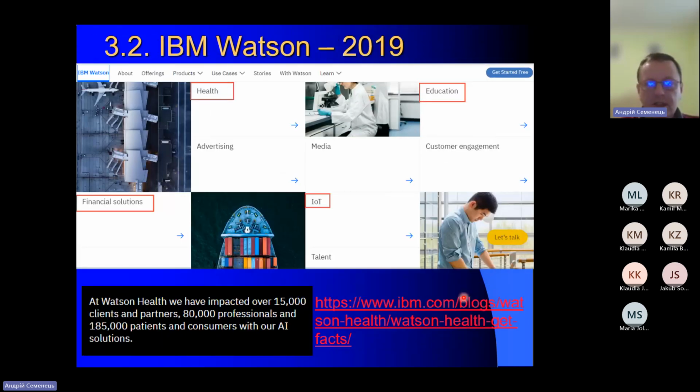So here is information, not very recent, but we have a number of solutions. Three years ago, it had over 15,000 clients and partners, 80,000 professionals, and 200 patients, who consume their artificial intelligence solution.